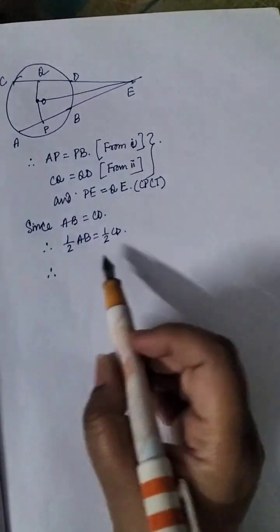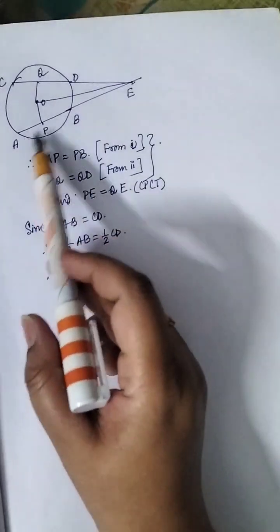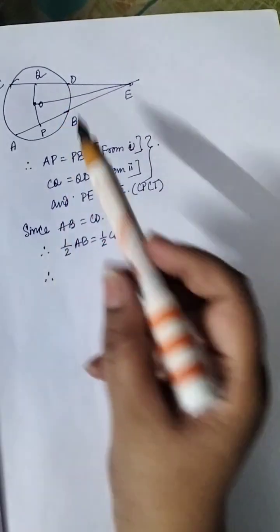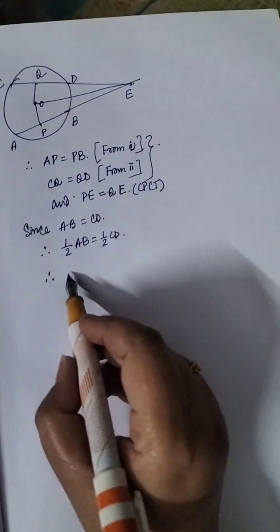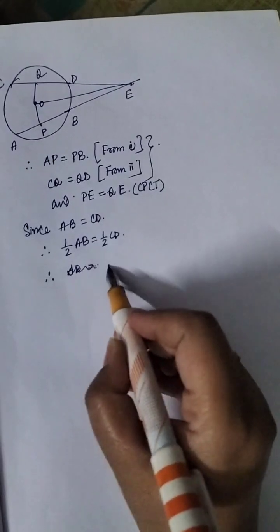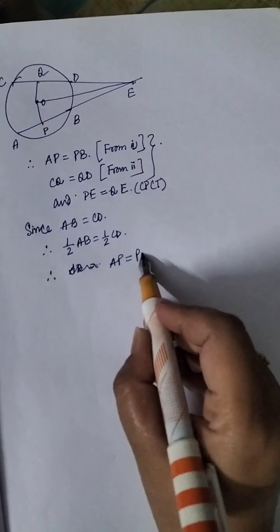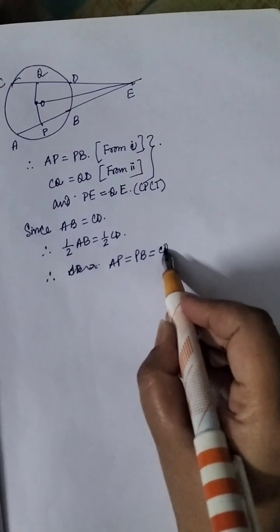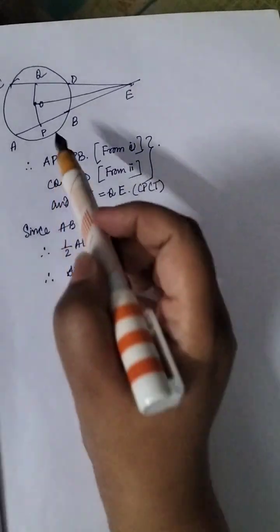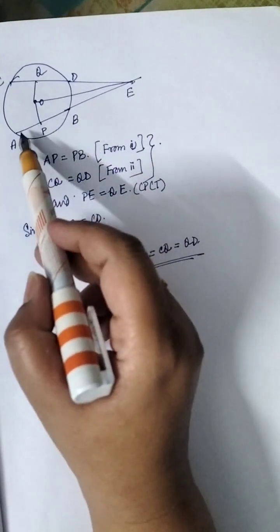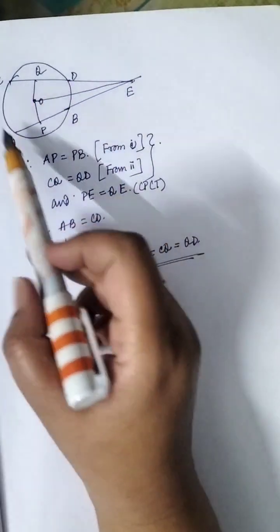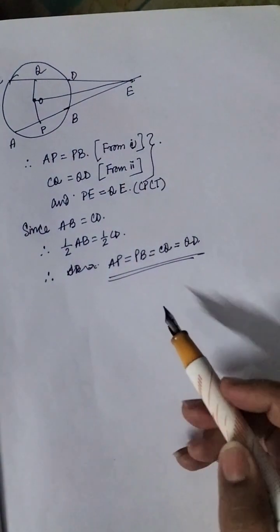AP and PB both are equal to half of AB, and CQ and QD both are equal to half of CD. So all these parts are equal because these two chords are equal, so their half parts are also equal.